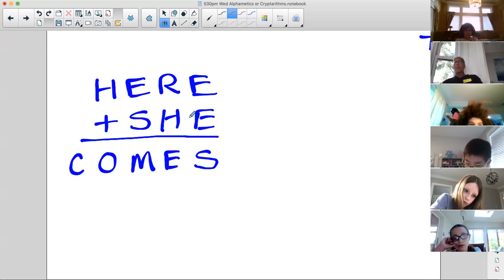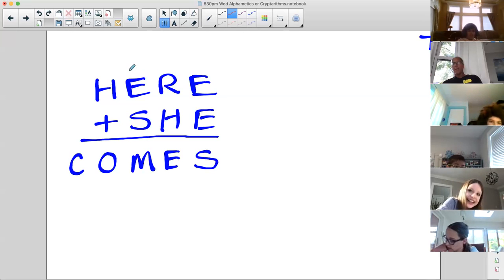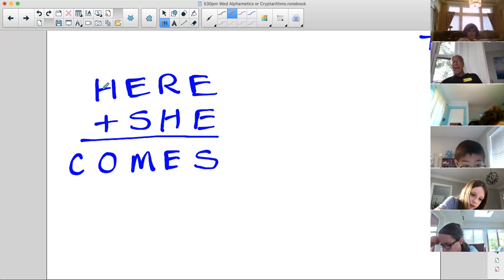So I agree with you that H is definitely not 1, but you can figure out exactly what H is just by looking at the way this is structured. You can find C, O, and H.